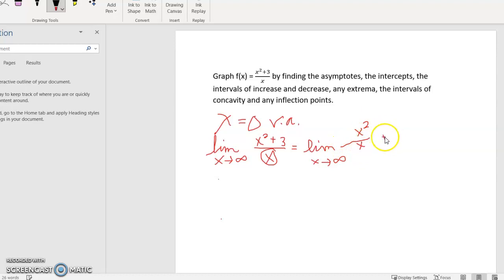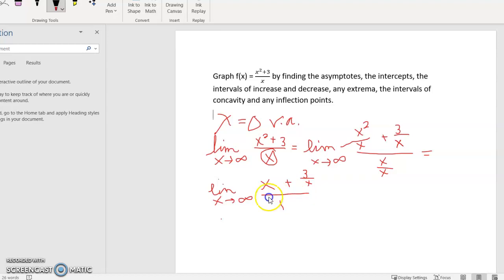We're going to take our 3 and divide it by x. And on the bottom, we're going to take our x and divide it by x. Now let's go through and reduce everything that we can reduce. So x squared divided by x is just x. 3 over x will not reduce. But on the bottom, x over x will reduce to 1.